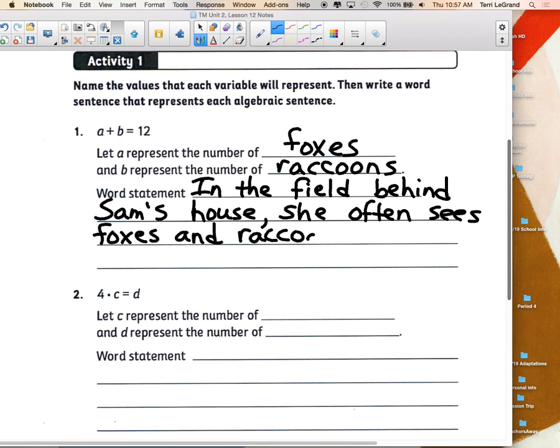Oh, there's a good start to our story. In the field behind Sam's house, she often sees foxes and raccoons.